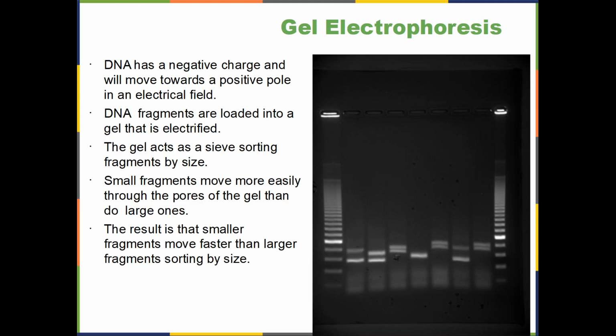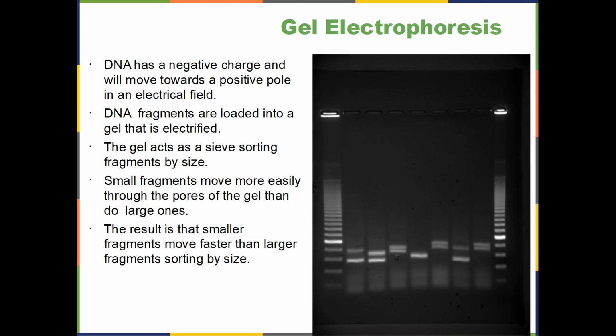You can show that 2 people are related, or maybe the DNA came from the same person, in case of a criminal investigation, by running the chunks of DNA in an electrophoresis. What this does, you take the DNA, you put it inside this gel material. This gel material is a matrix.